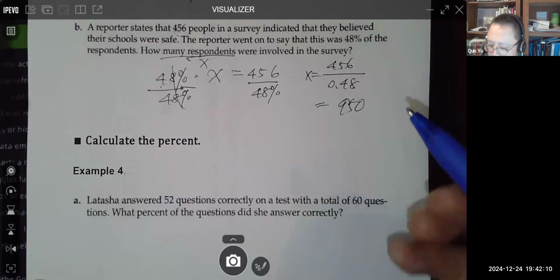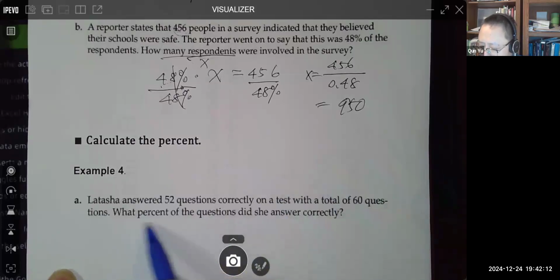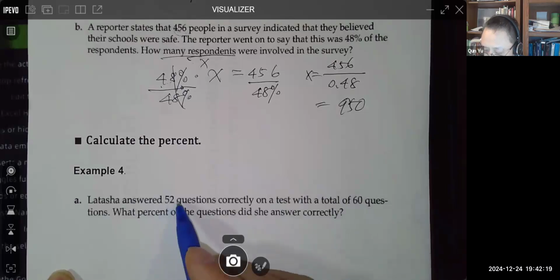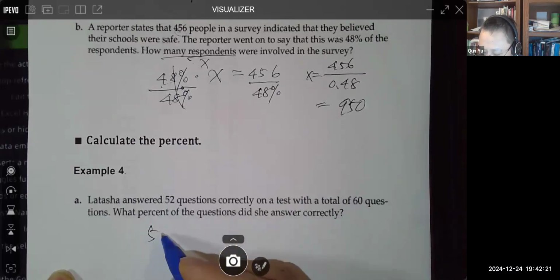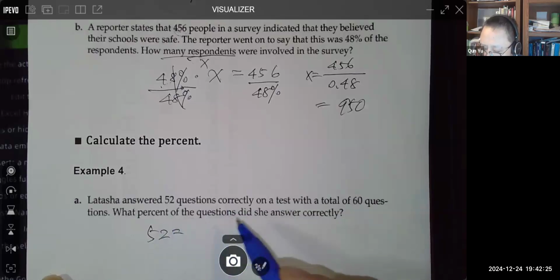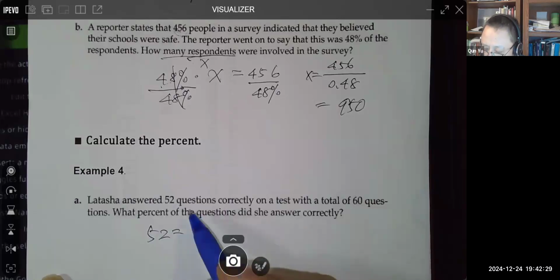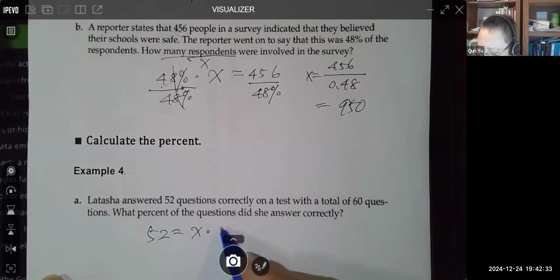We're looking for percent. Apparently, X% of all of these questions she answered correctly, which is 52. So that means 52 is that percentage. We just want to solve that percentage to represent the number of questions she answered correctly. 52 is X% of 60.